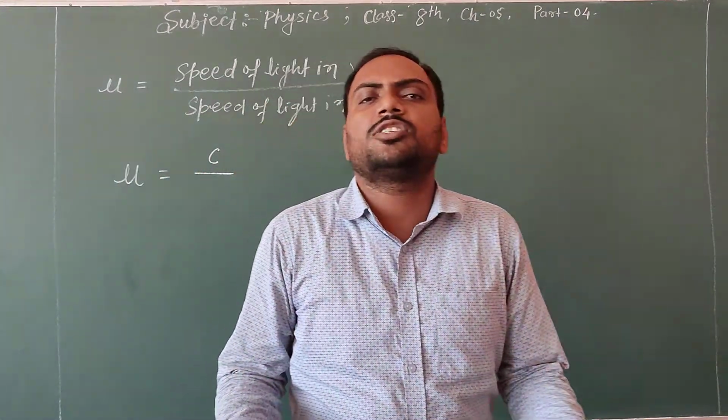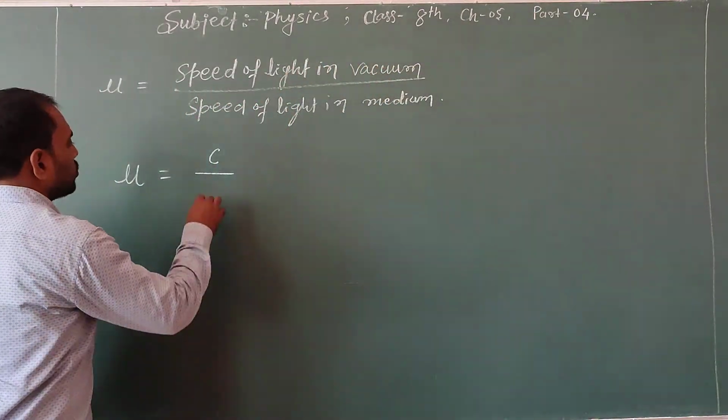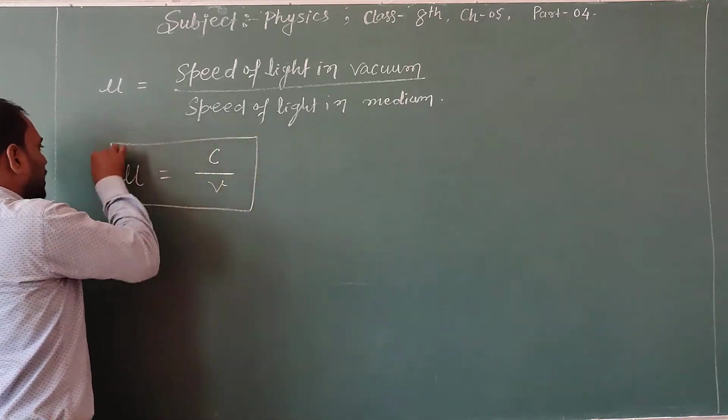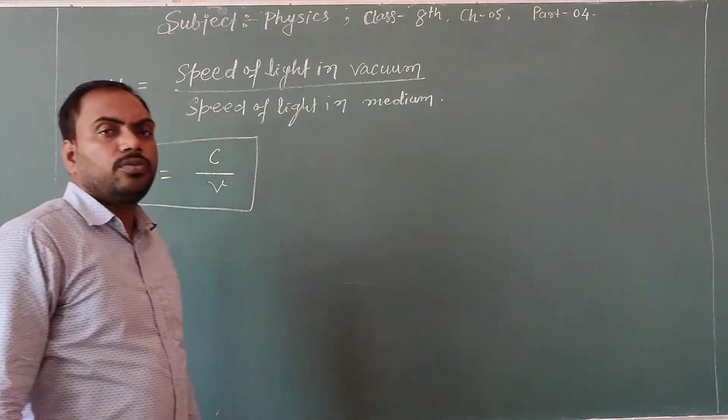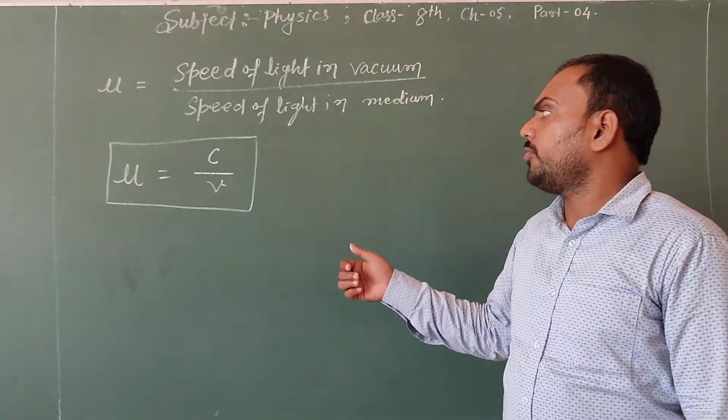Let's say that V is the speed of light in any medium. So in short, the refractive index of a medium is C upon V.